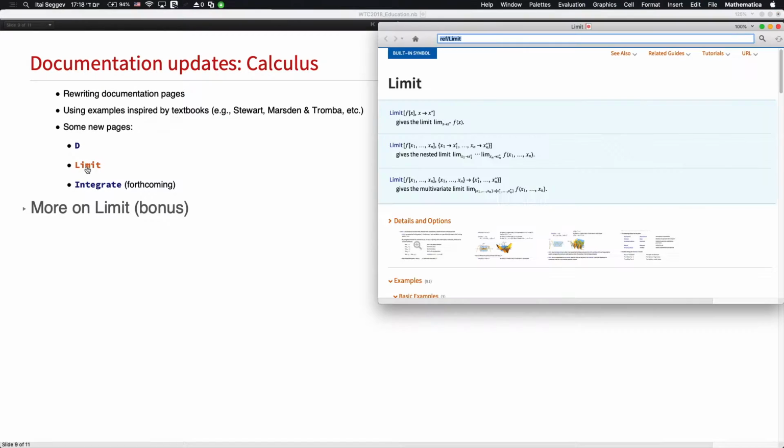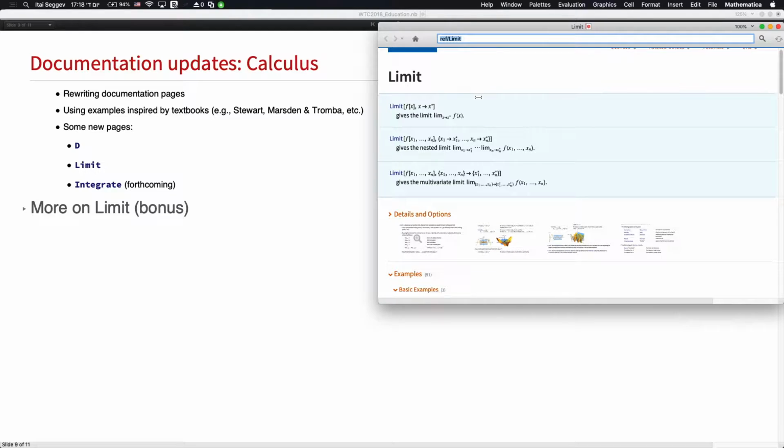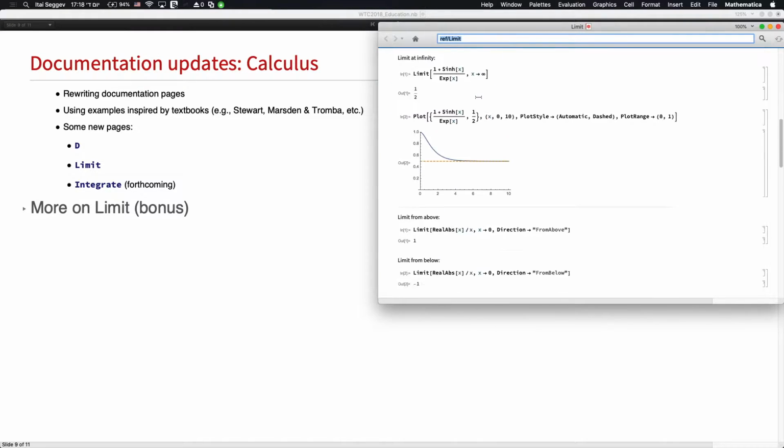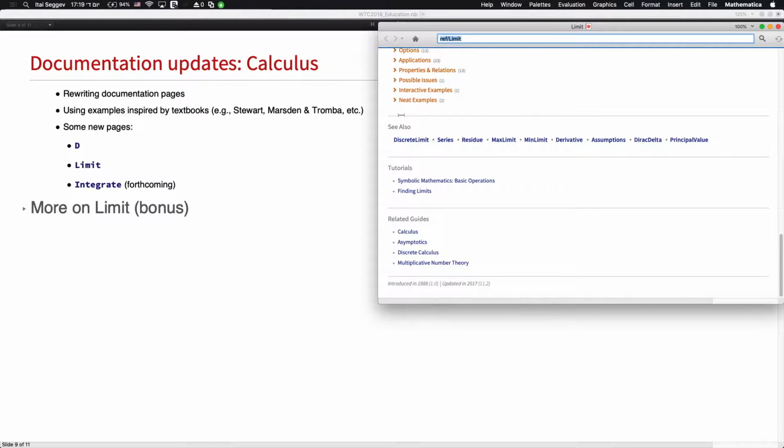Then similarly, limit, which we updated in 11.2 with lots of new functionality. Again, in the interest of time, I'm going to skip over all the many wonderful changes we made, although I will just mention limits are two-sided by default now. That's very useful for calculus students.